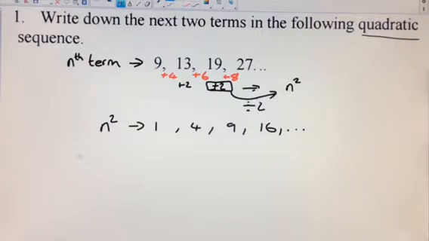So the nth term, or Bob or Fred or Jane or whatever name you're choosing to use, take away my n squared.